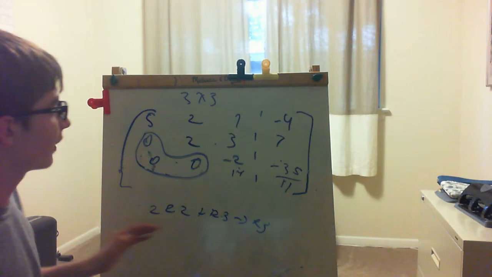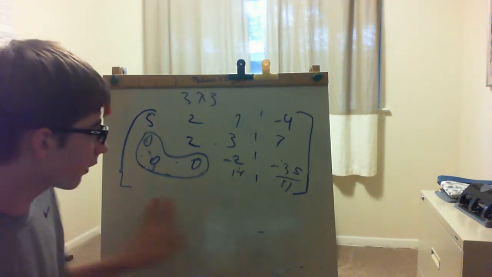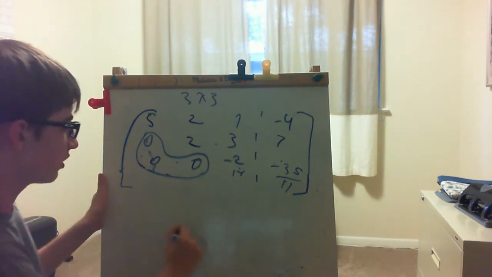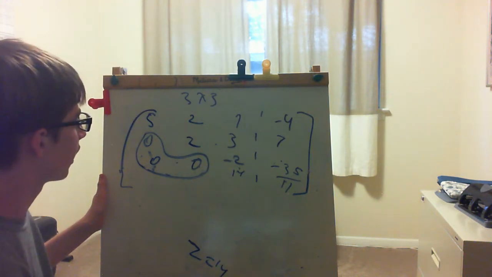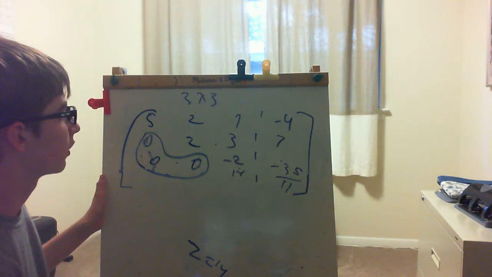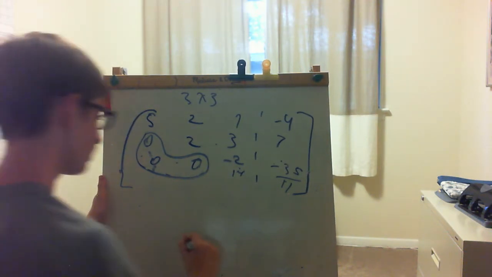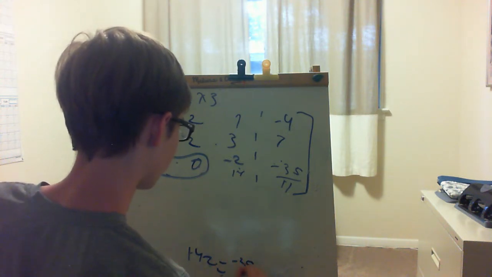And then we would take this and say, okay, one of the variables, say variable z, 14z equals negative 35 elevenths.